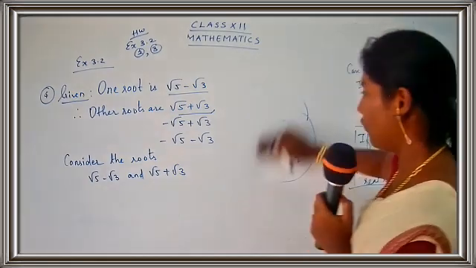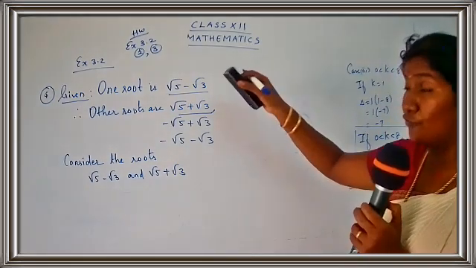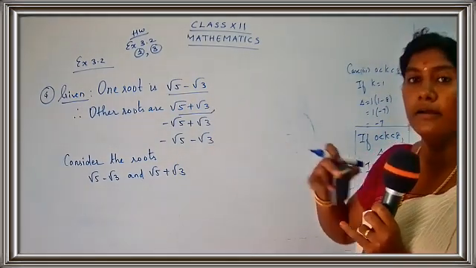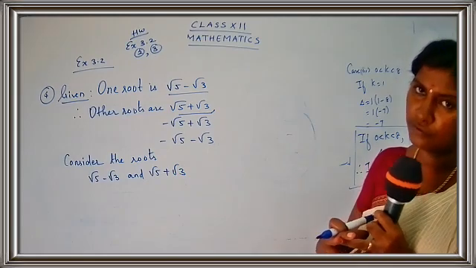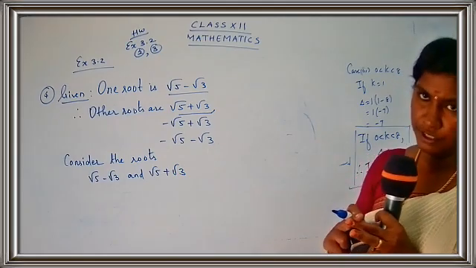Now you have to follow the same method that I told you for sum number 2 and sum number 3. Take the sum of the roots, find the product of the roots, and make a quadratic equation. Getting my point, children?